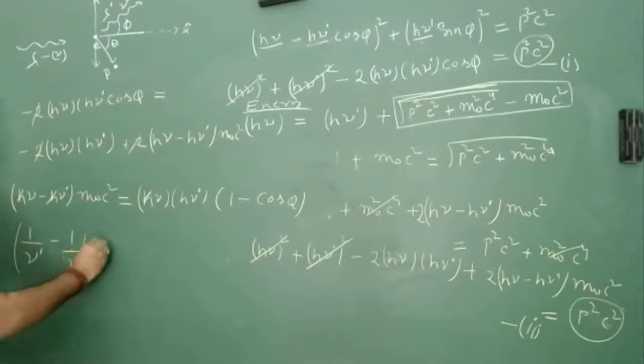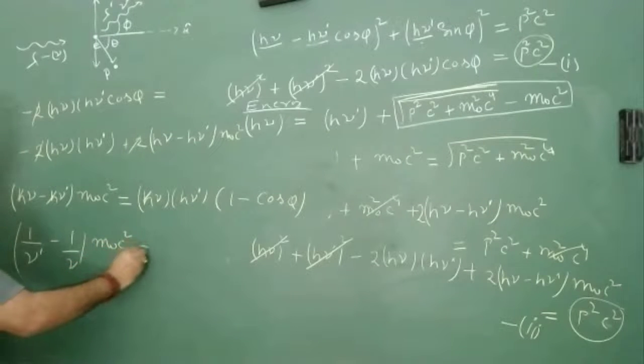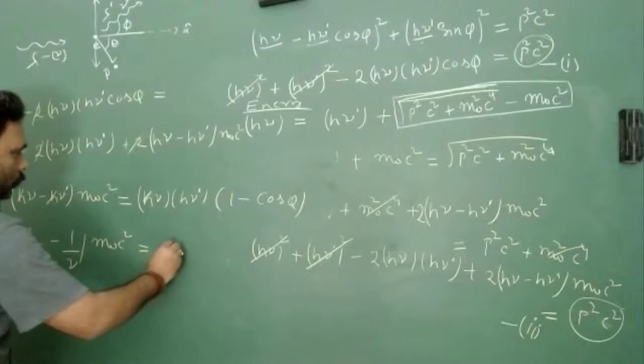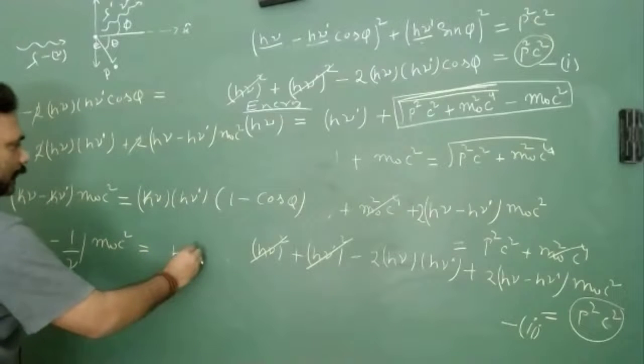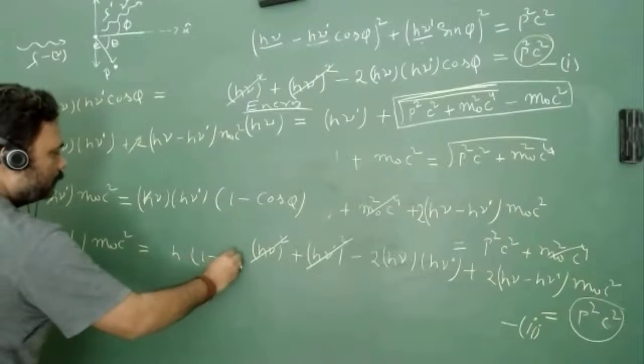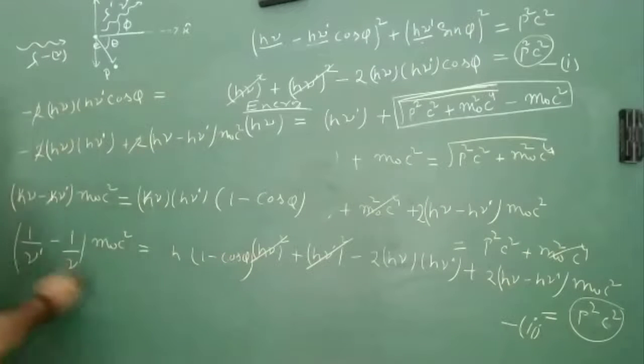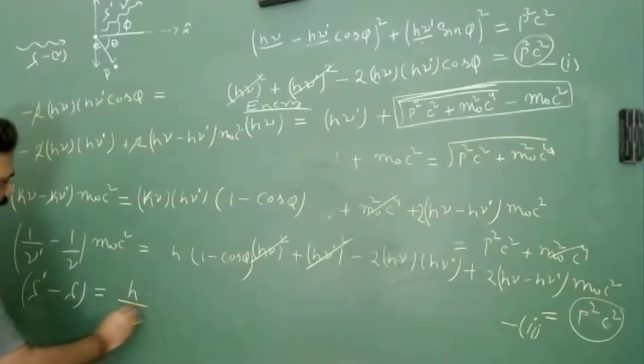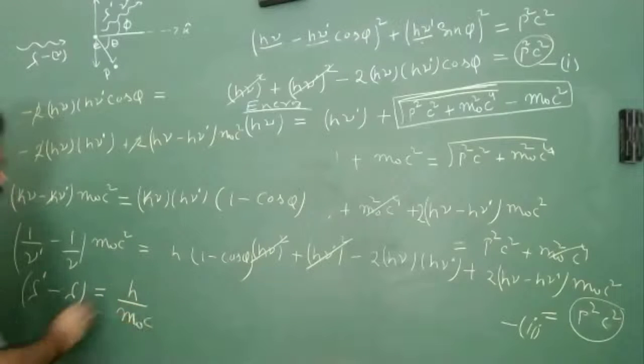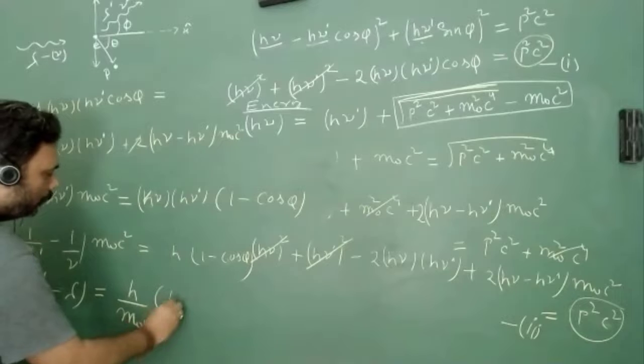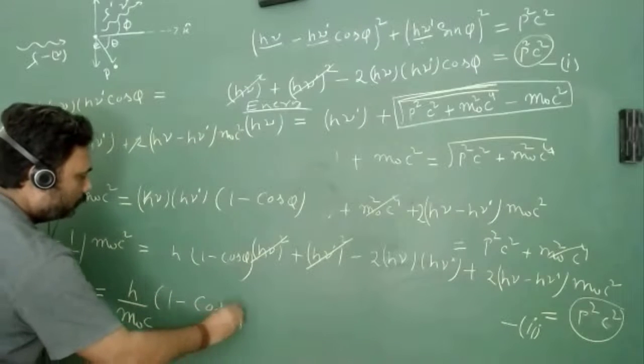And here m naught c square is equal to h times 1 minus cos phi. Now take one c here, then this will be c upon nu, which is lambda. So lambda dash minus lambda must be equal to h upon m naught c times 1 minus cos phi.